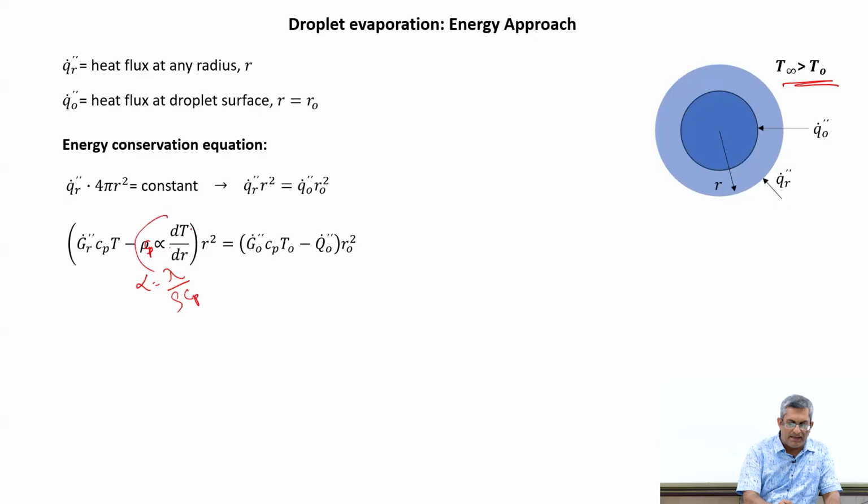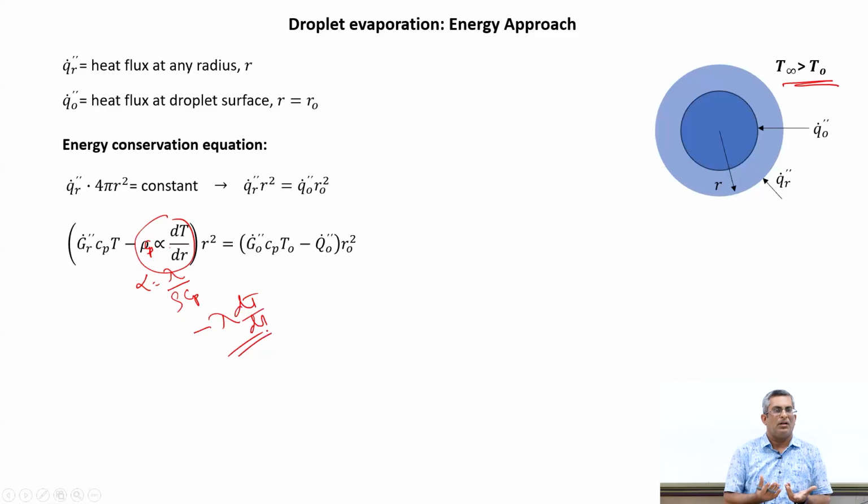Here what you get is minus, which refers to the conduction heat flux or diffusive heat flux. Okay. So then this is equal to this term at the surface, where Q naught represents the diffusive heat flux at the droplet surface.